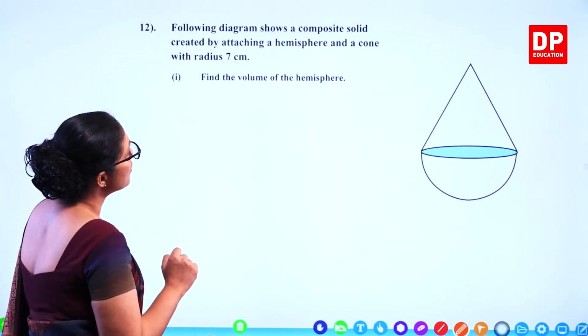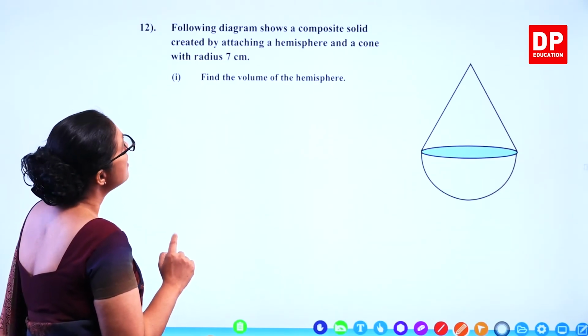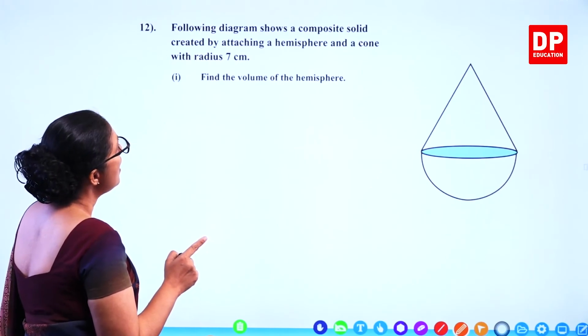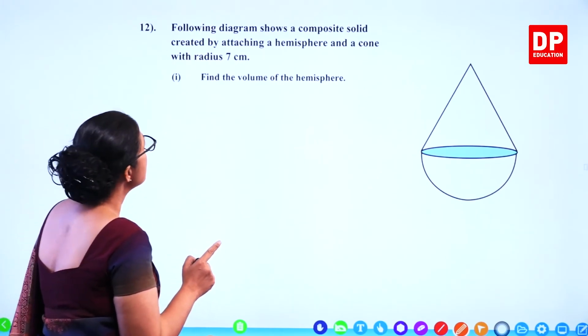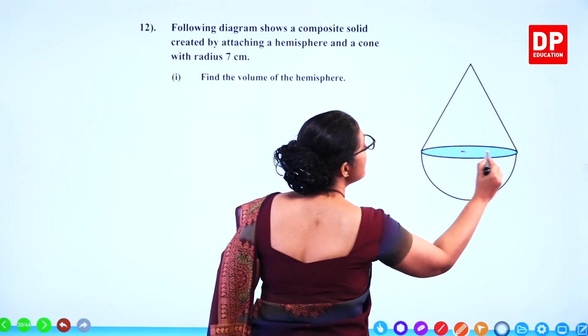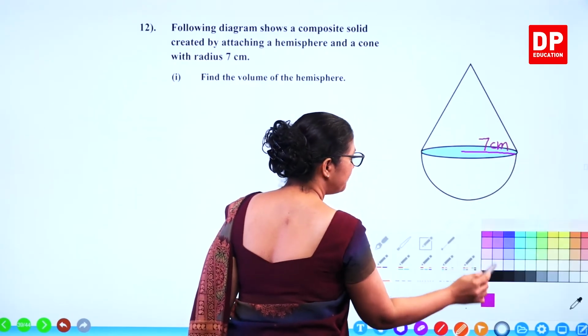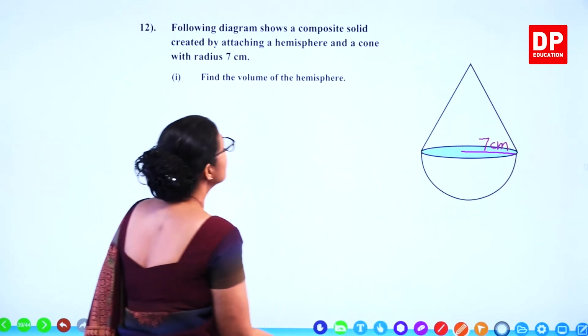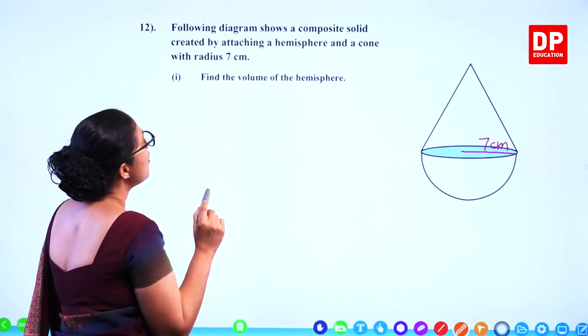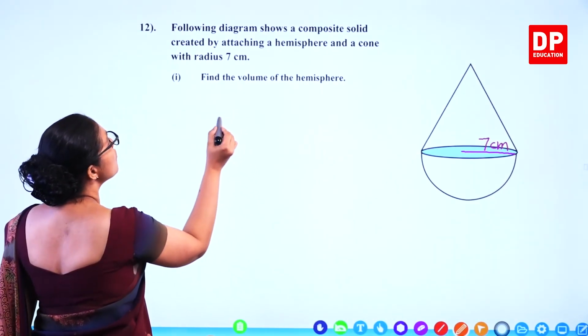Following diagram shows a composite solid created by attaching a hemisphere and a cone with radius 7. So the radius is 7. Find the volume of the hemisphere. So what's the volume?